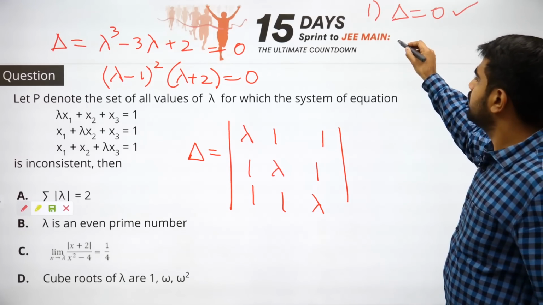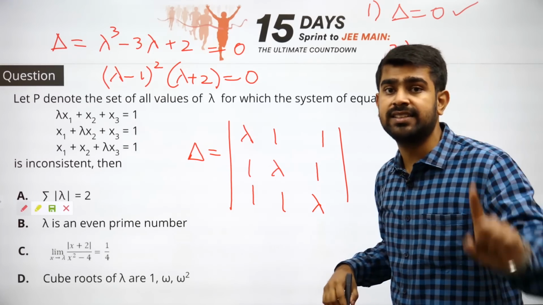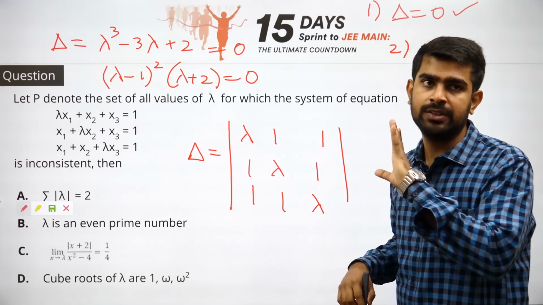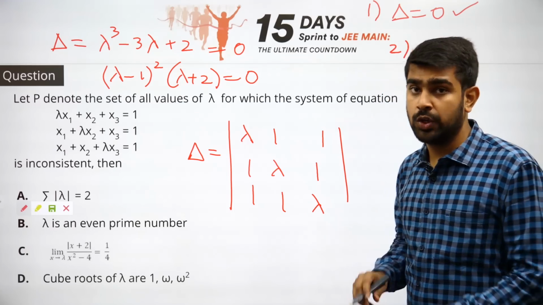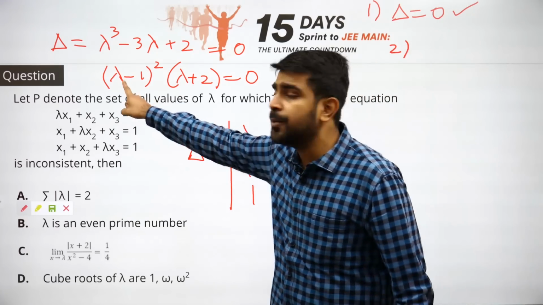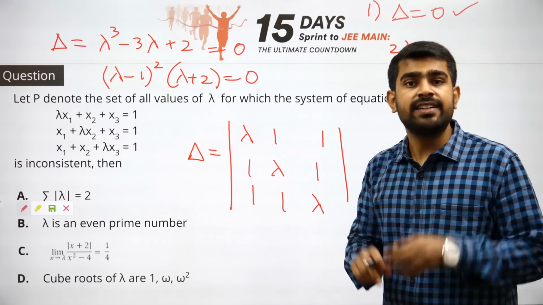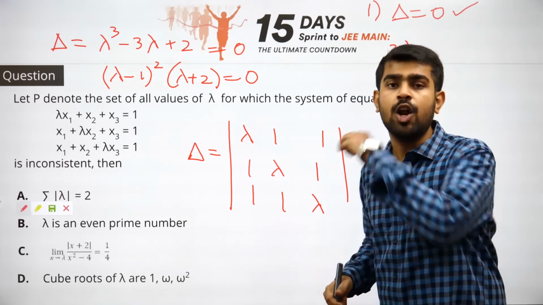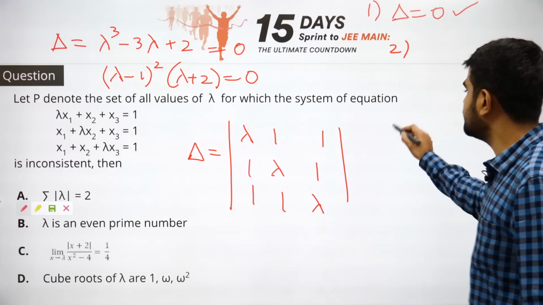Now, my second condition is any one of delta 1, delta 2, delta 3 must be non-zero. Guys, think about it. If I put lambda as 1, then delta 1, delta 2, delta 3 will always be 0. Because what is delta 1?